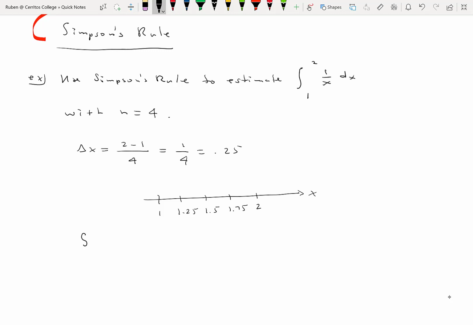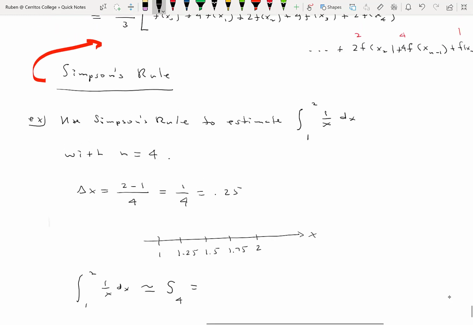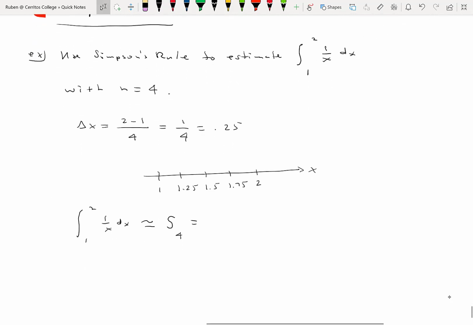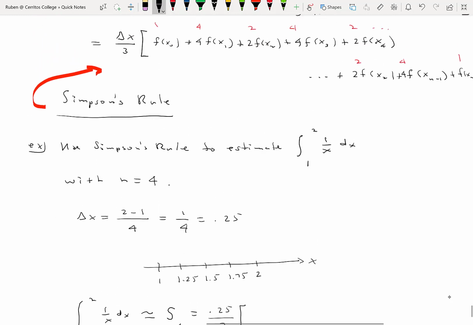So the integral from 1 to 2 of 1 over x with respect to x is approximately equal to s sub 4. Now Simpson's rule has as a coefficient of the brackets delta x over 3. Always over 3. So delta x is 0.25 over 3 times, and remember, the coefficients alternate between 4 and 2 after the first, which is 1: 4, 2, 4, 2.